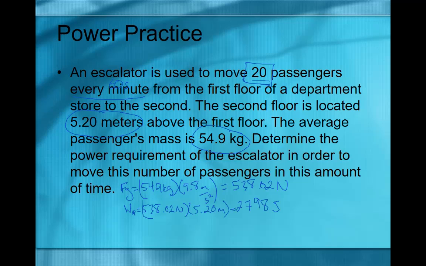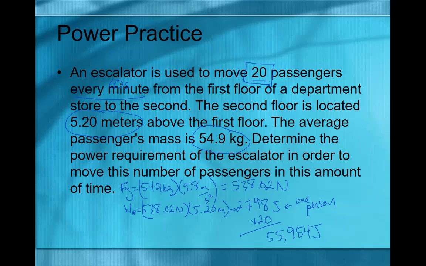Remember, that's just for one person. So then we need to apply that to all 20 people. We can simply take that and multiply by 20, which is going to give us the amount of work done by this escalator, 55,954 joules. Okay.